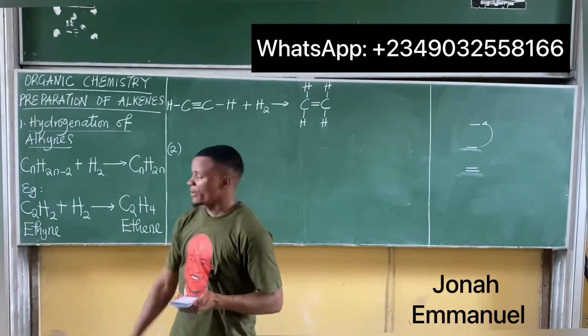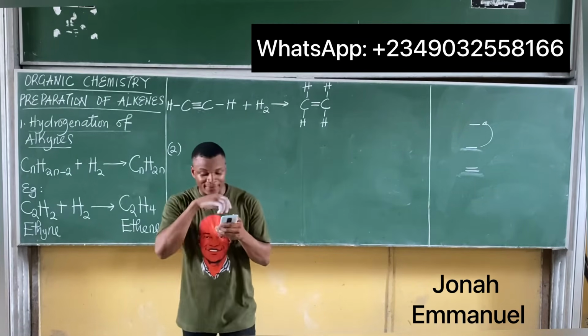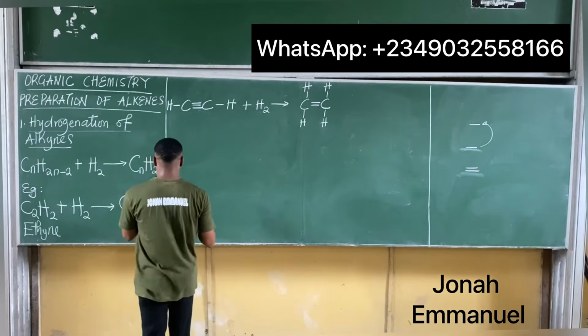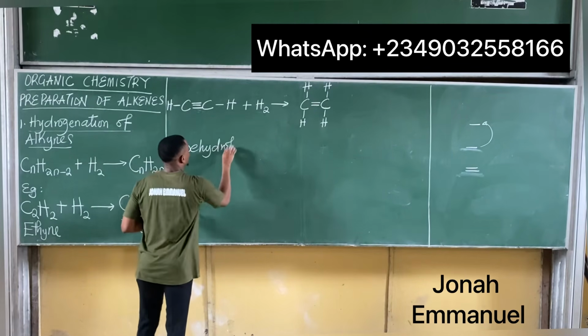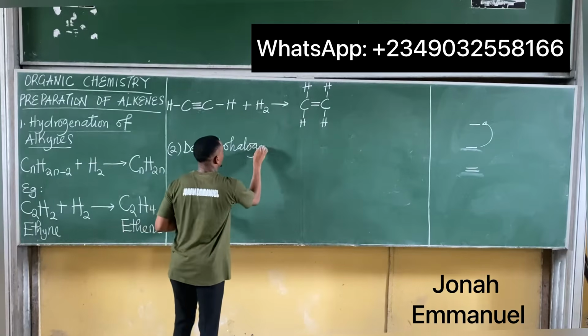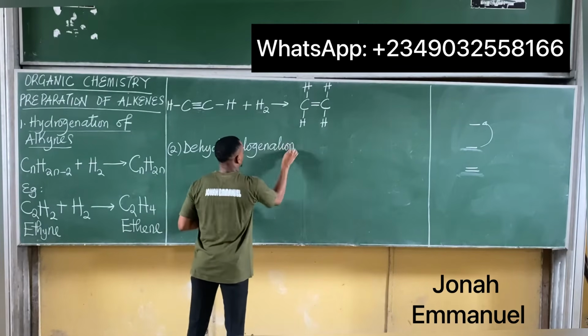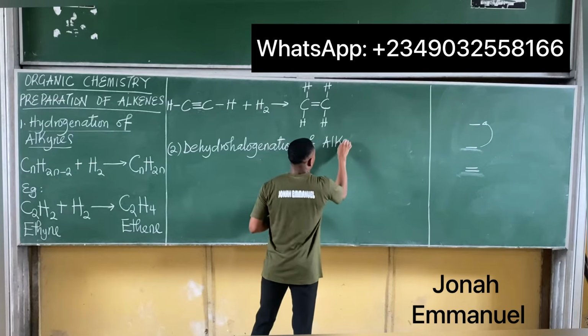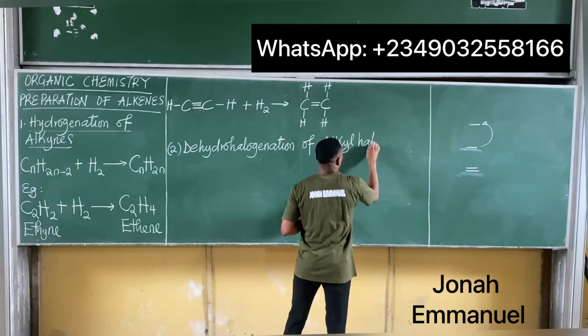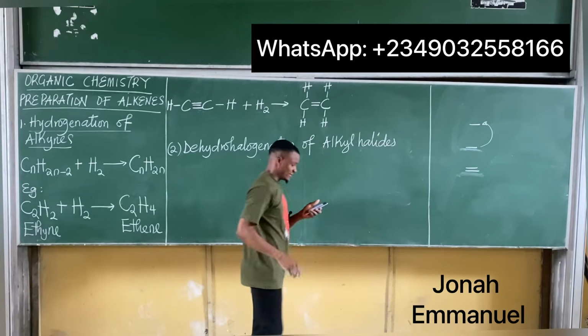Number 2 method of preparing alkenes is by the hydrohalogenation of alkyl halides.